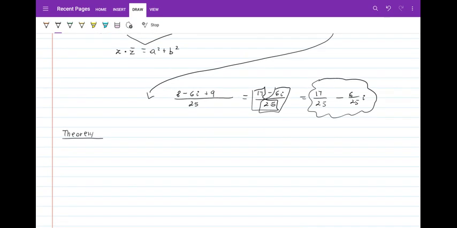So the conjugate of the conjugate is the complex number itself.